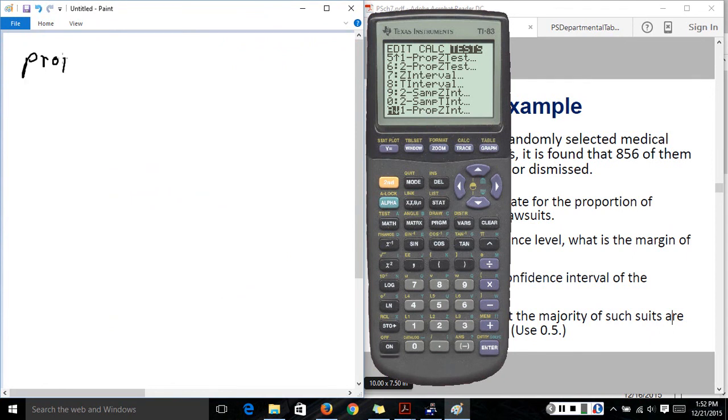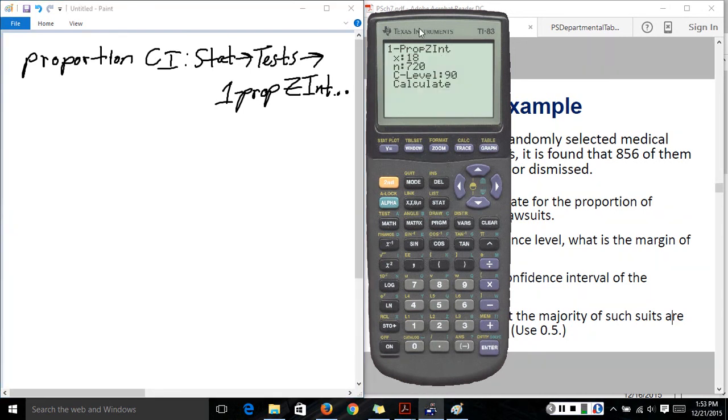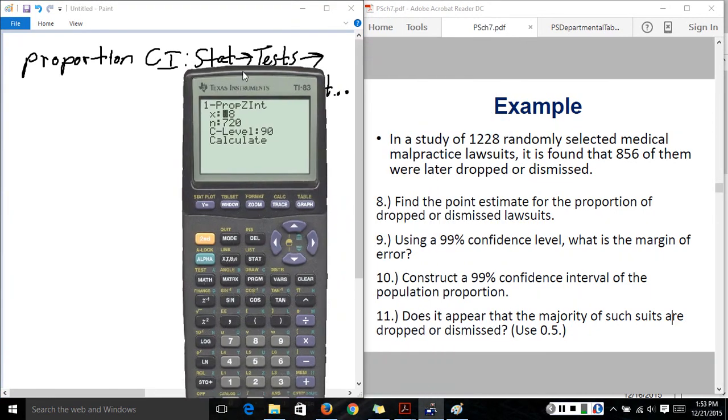So proportion confidence intervals are done with stat, test, and 1 prop z int, 1 proportion z interval. If I press enter, I have some things to fill in.